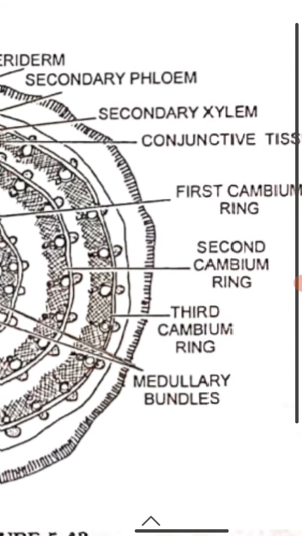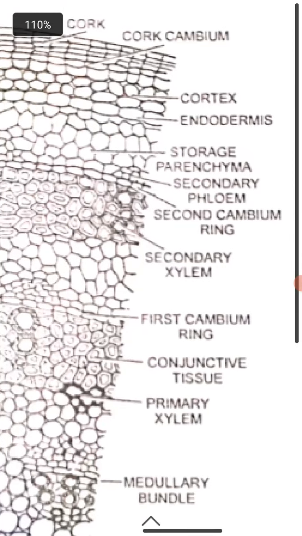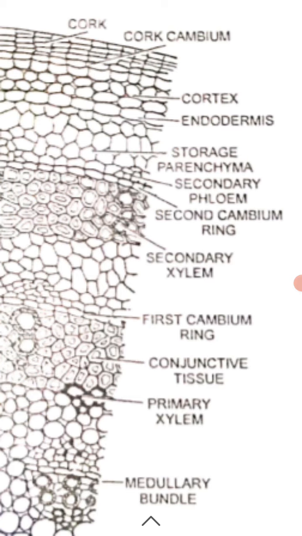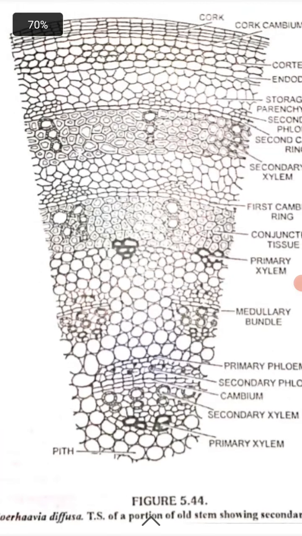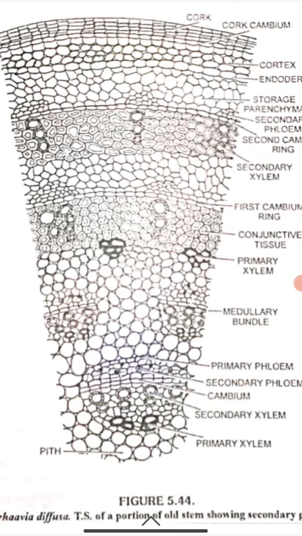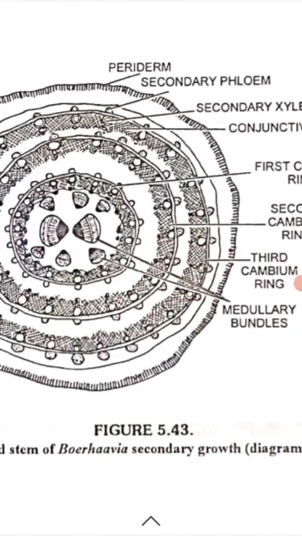Simultaneously, along with the secondary growth by the activity of cambium ring in outer bundles, the secondary growth also occurs in the innermost and middle ring of vascular bundles.